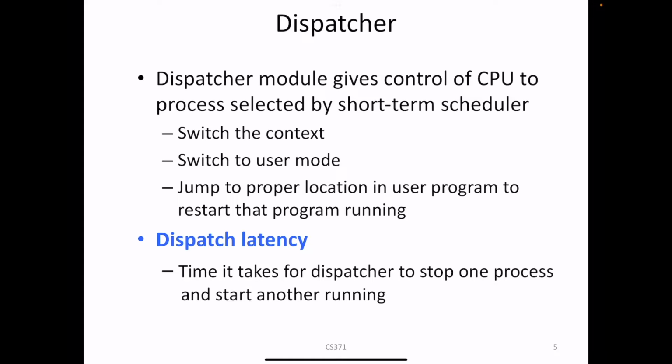After that, since previously the hardware was controlled by the operating system in kernel mode, now we need to return the control of the CPU to the selected process, which means we need to switch from kernel mode back to user mode. And then the next step is to resume the selected process to run on the CPU, which is referred to as jumping to the proper location in the user program to restart that program running.